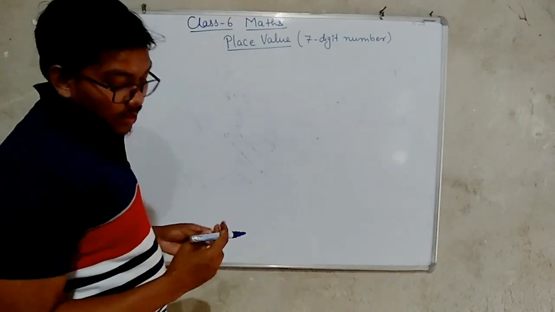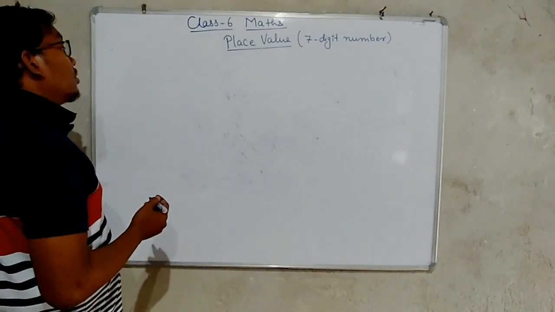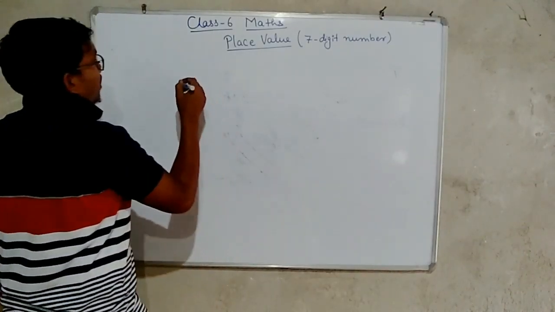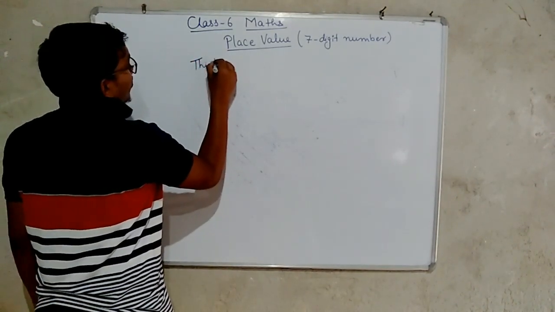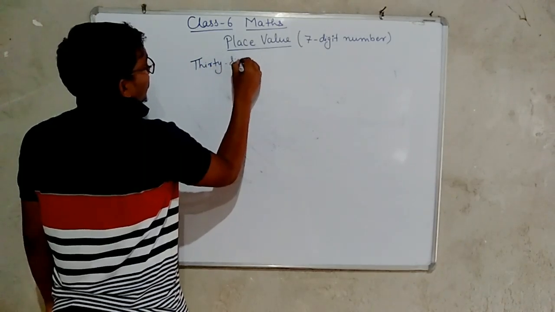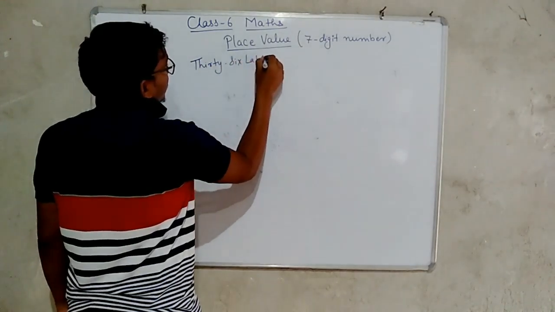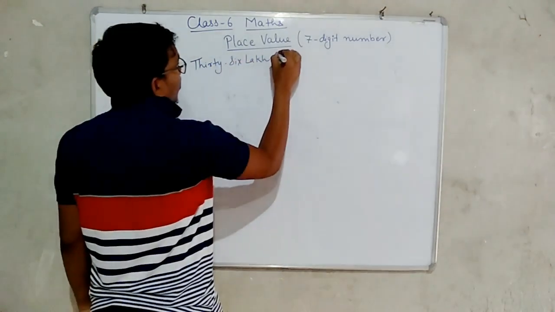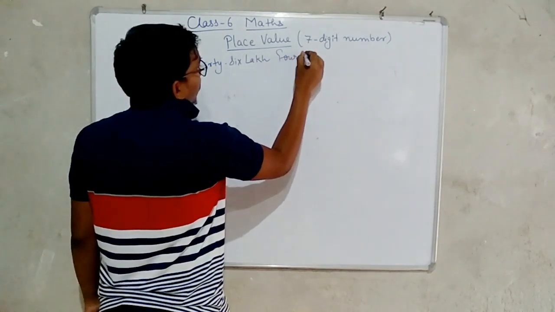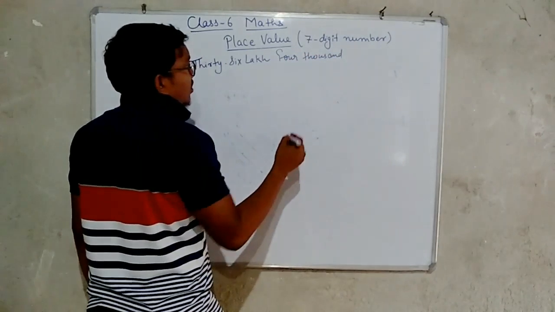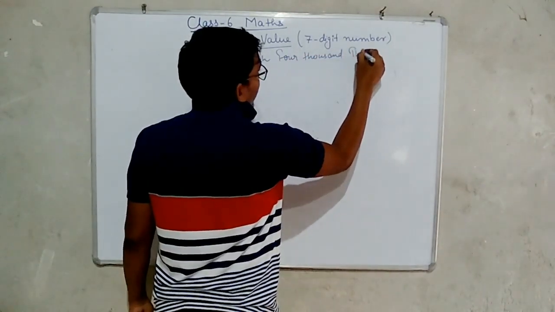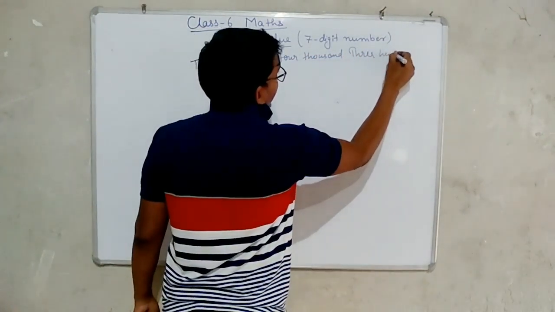Now question number 2. If the question is given in words, for example, 36 lakhs 4,000 300.